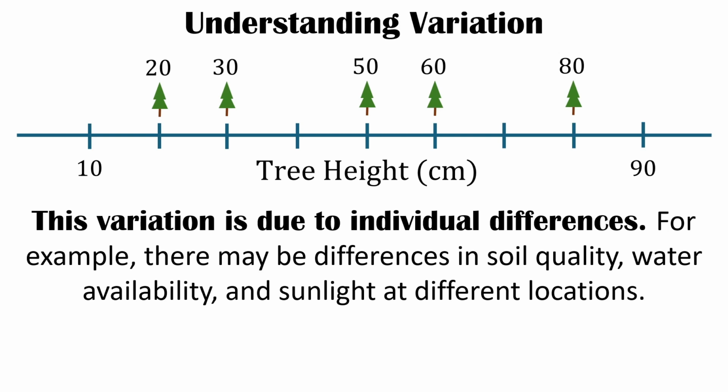So part of the whole idea behind statistics is it provides a way to quantify and to account for this kind of variation. So again, conceptually, variation just means the data points are not all the same, and variation is due to individual differences.